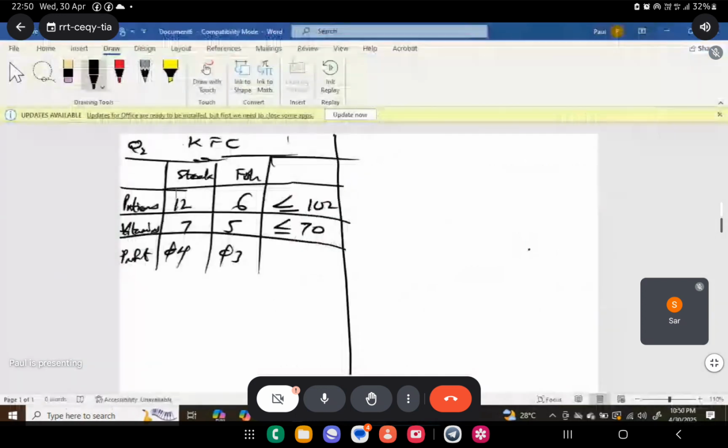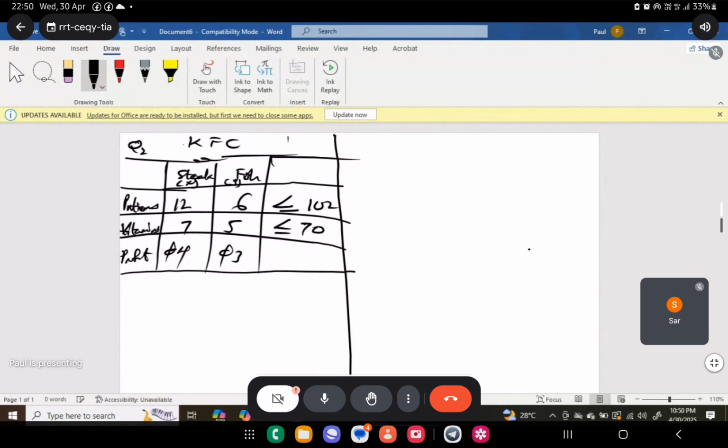Please, this is not the decision variable. This is how you structure it. Now, this is how you get the decision variables. So the first one, you can say let X be steak and Y be fish. So wherever you see Y, I'm talking about steak, and wherever you see X, I'm talking about fish.